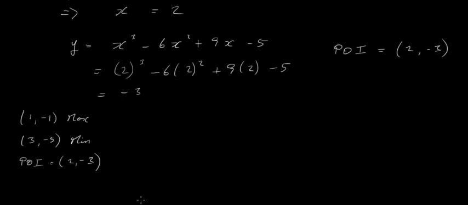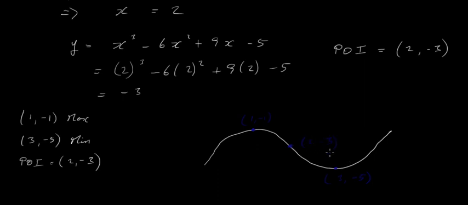So I could sketch that if I wanted to. I know it's a cubic function. It's going to look something like this. My local maximum, this point here, is 1, minus 1. My local minimum here is 3, minus 5. And my point of inflection here is 2, minus 3.